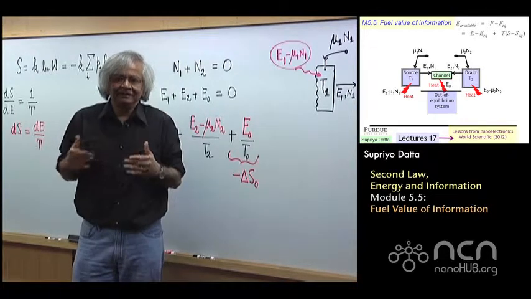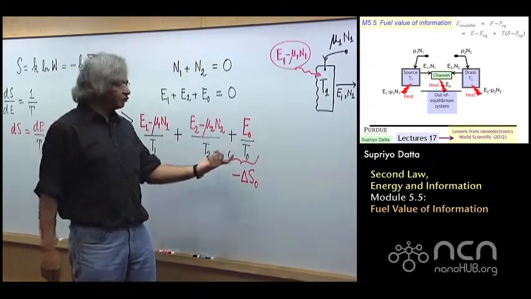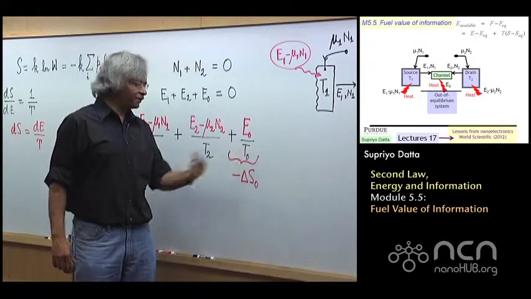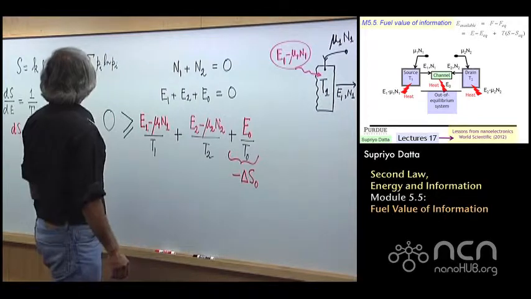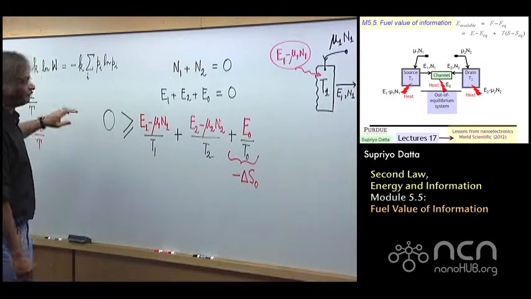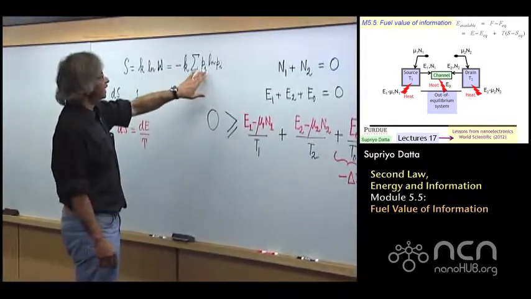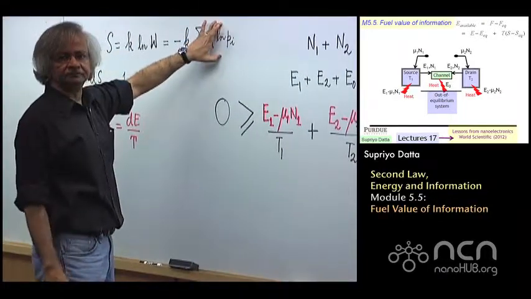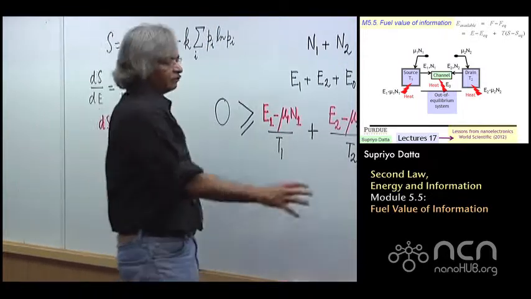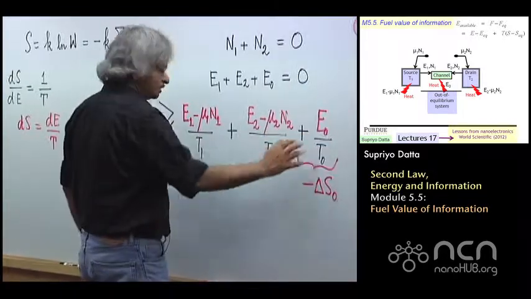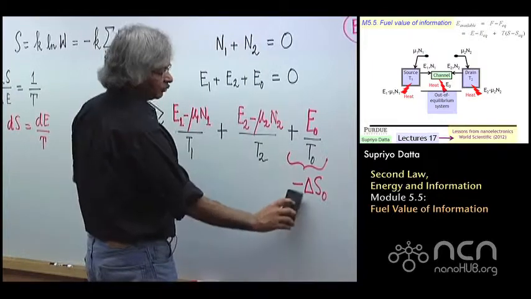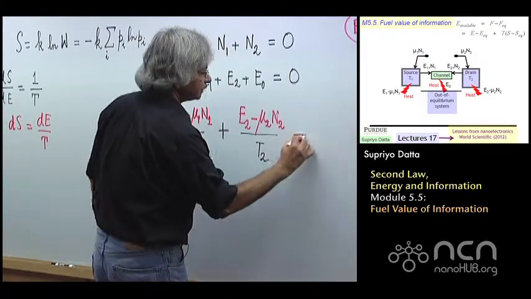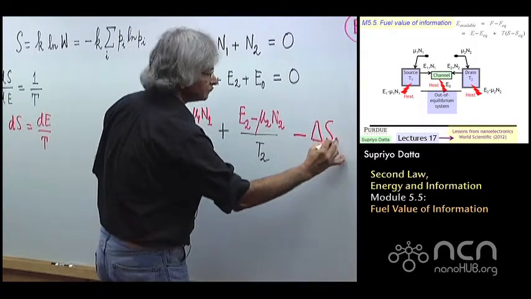So 100 up really is not described by any equilibrium distribution, and so it's hard to associate a temperature with it. On the other hand, we have talked about how you can generally define entropy in terms of this pi log pi. And of course, if they're all up, we know that the entropy is 0. And so, for this discussion, instead of E0 over T0, it's convenient to work with the entropy change. So I'll write that here, minus delta S0.